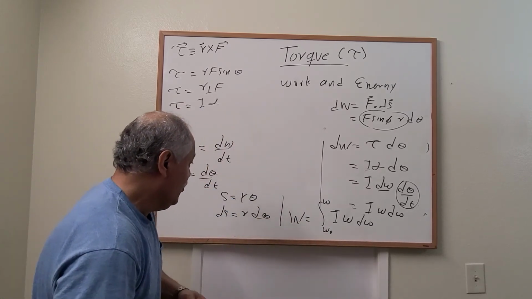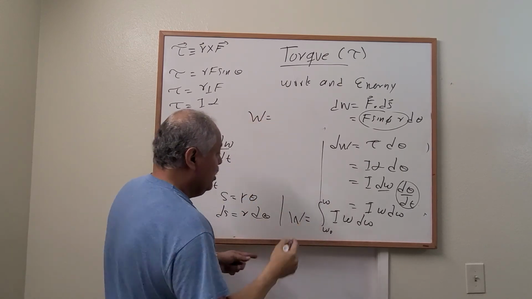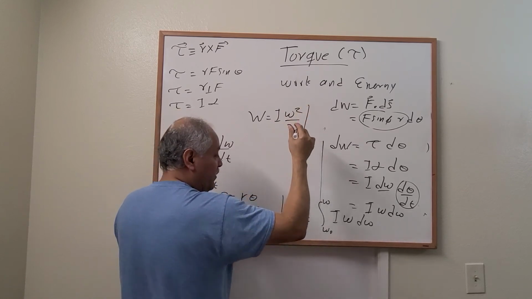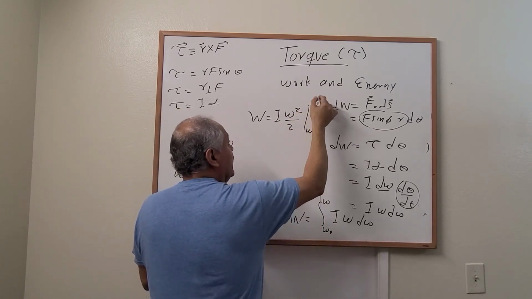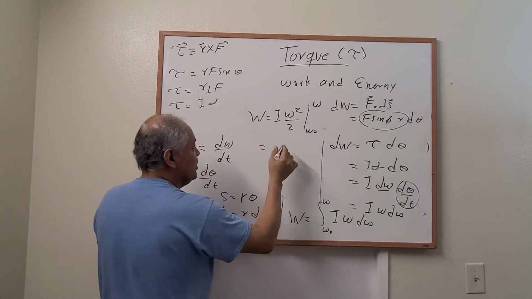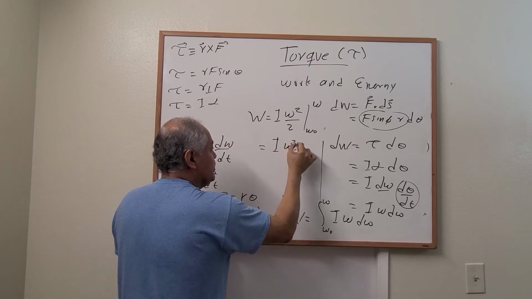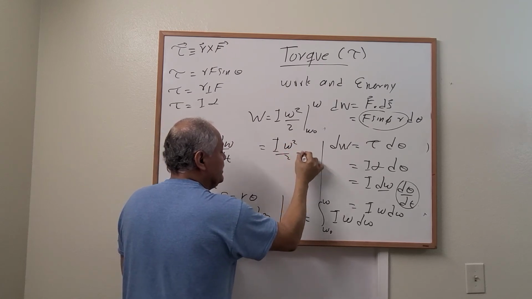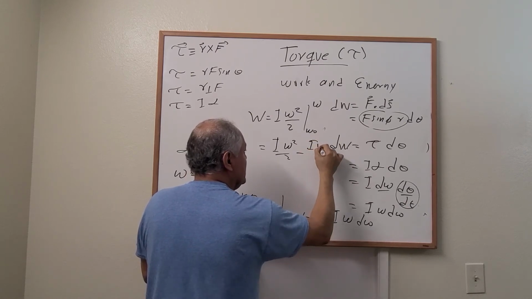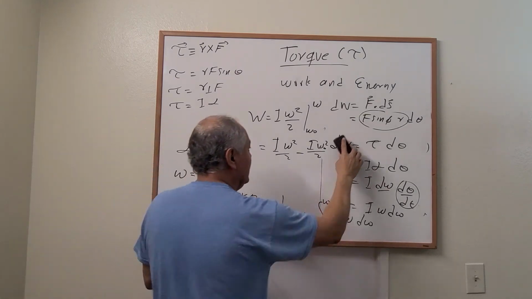Now, what do we have? Work equals moment of inertia omega squared divided by 2, from initial angular velocity to final angular velocity. And this equals moment of inertia omega squared divided by 2 at the end, minus moment of inertia omega squared divided by 2 at the beginning, the initial one.